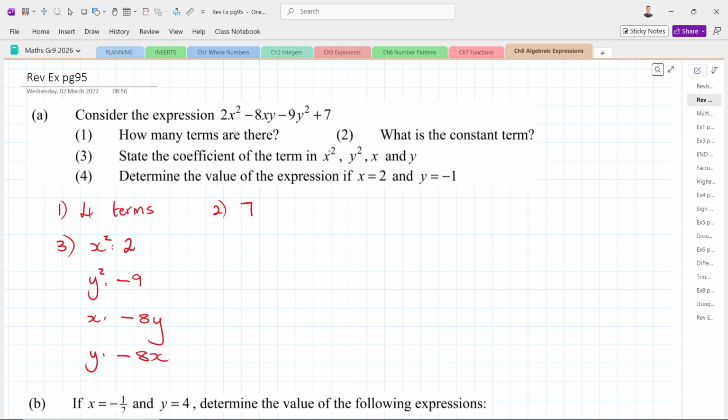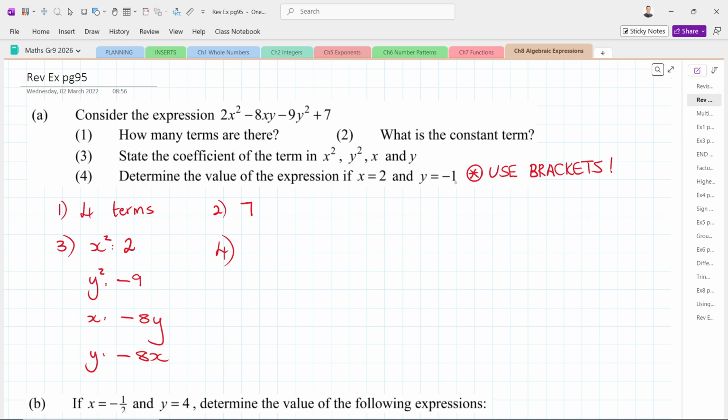And then lastly, I cannot stress this enough, I love asking this question. Determine the value of this expression if x is 2 and y is negative 1. Please, grade 9s over here, I'll write it big as always. Use brackets whenever you are going to substitute.